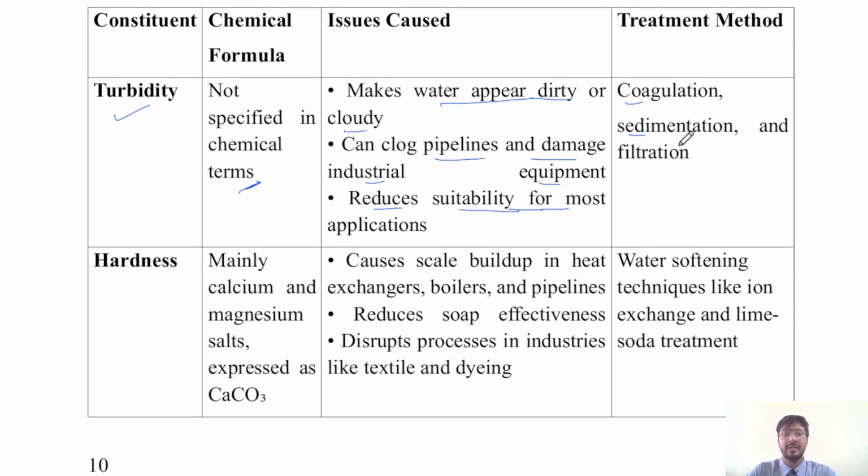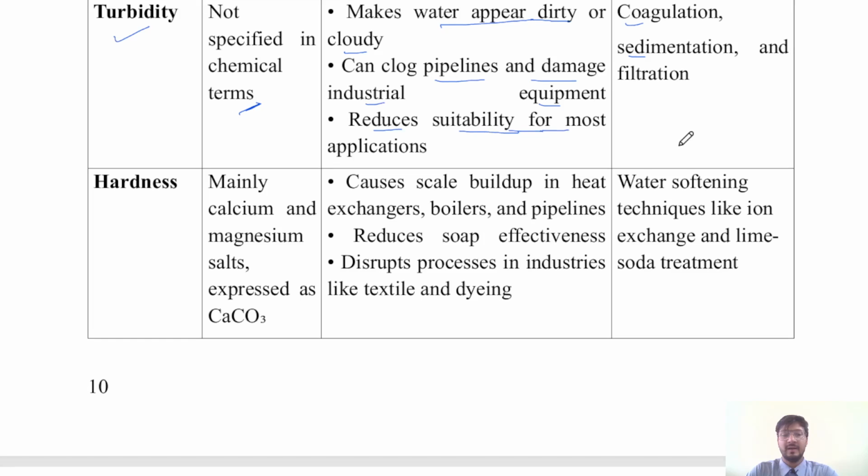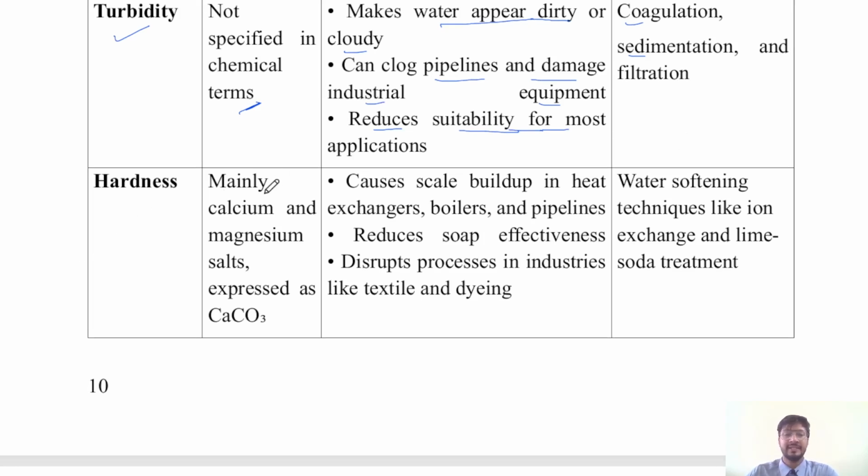And the second one is hardness. Hardness is mainly due to calcium and magnesium salts, expressed as calcium carbonate, that is CaCO3. It causes scale buildup in heat exchangers, boilers, and pipelines, and reduces soap effectiveness.